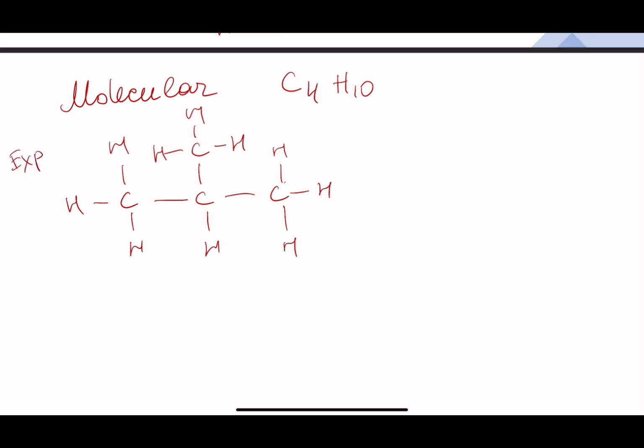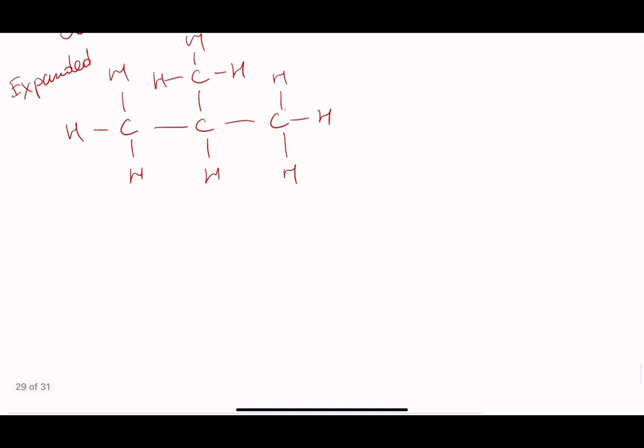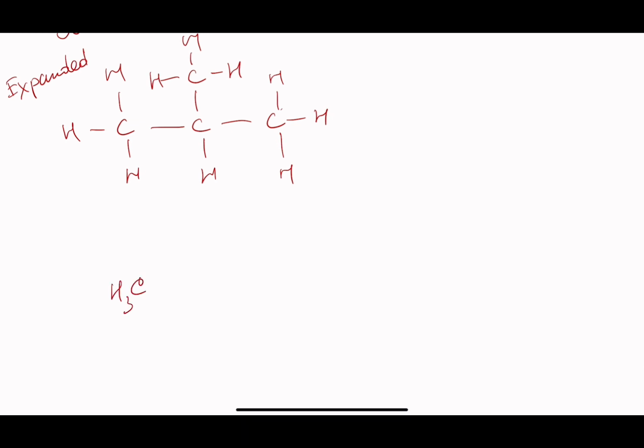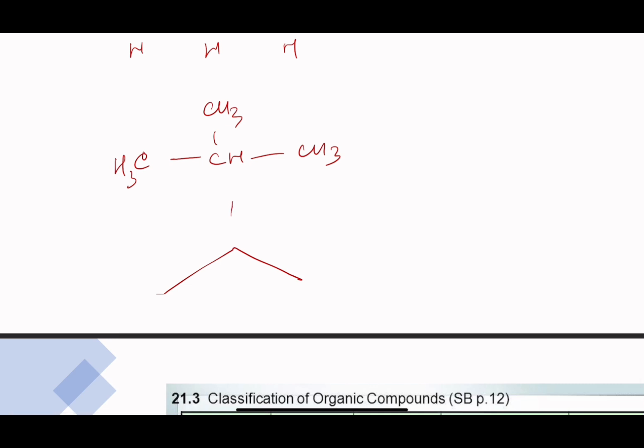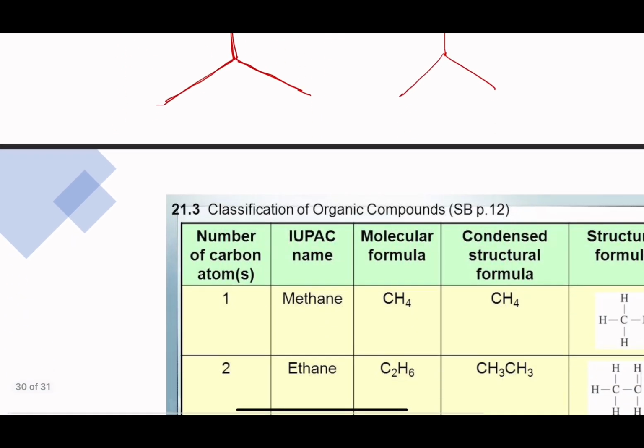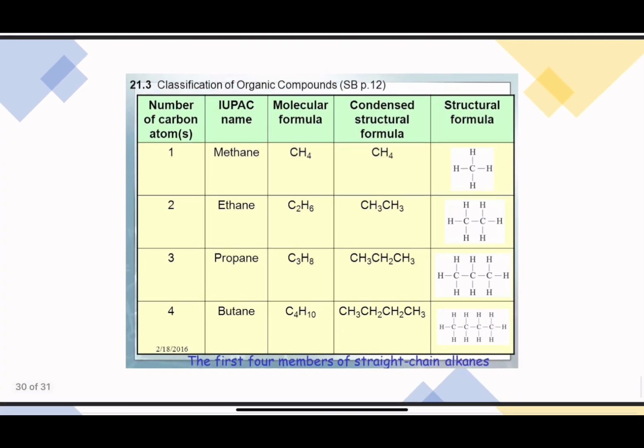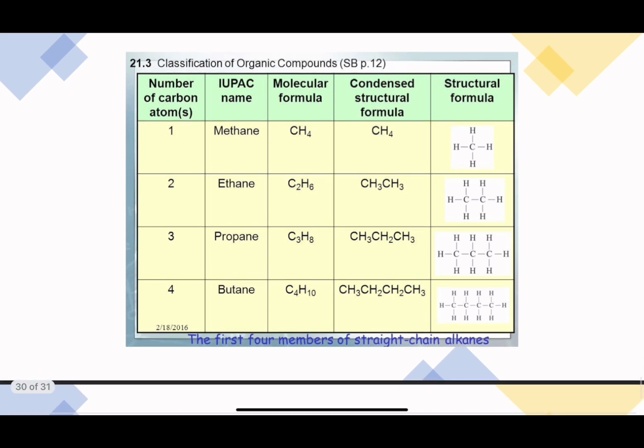This is my expanded. Now the condensed one is this: CH3, and then I got CH3, and then CH3 here, and then the line form is like this. So each end of the line means carbon. So just like this.